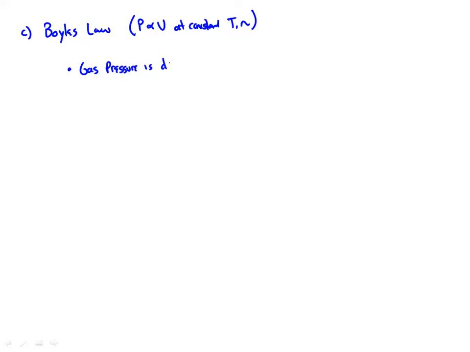Okay, the next set of rules are simply the ones we already know. For instance, Boyle's law, which says simply that pressure is proportional to volume at constant temperature and number of atoms. And if you think about it, this one can be explained: we know that the gas pressure is due to the particles hitting the sides of the container.